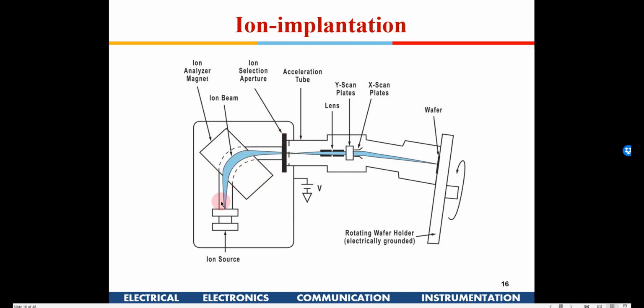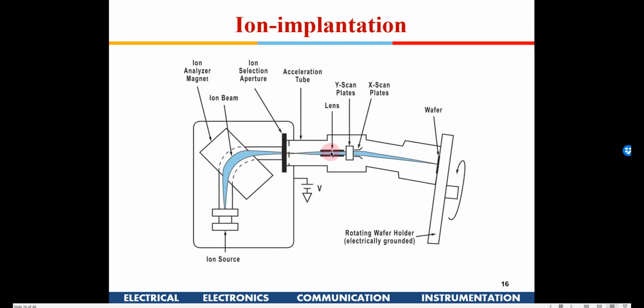If there are impurities, they will not follow this path, because the mass of those impurities will be different. They are arranged so that only the required ions, say I want to implant boron, only the boron will flow through this small aperture and come out, whereas other impurities in the ion source will not converge here, they will go and hit the walls of this chamber. They will not pass through.